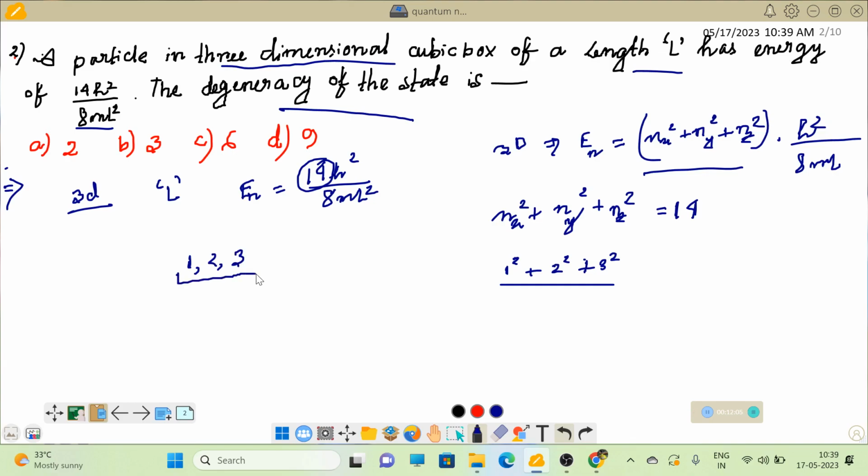So how many degeneracies will we get? How many configurations will we get? Tell me. We can write 1 3 2, similarly 2 3 1, 2 1 3, 3 1 2, 3 2 1. How many? 6.